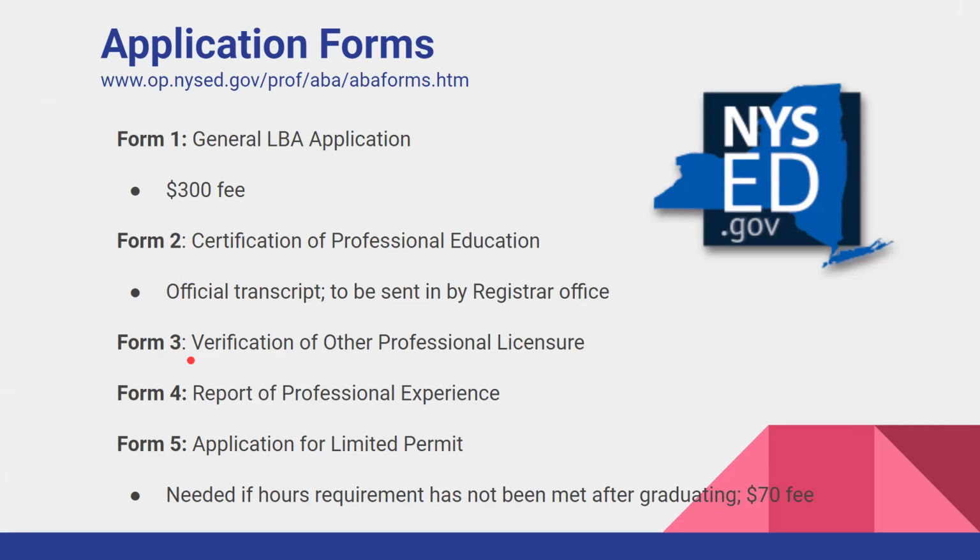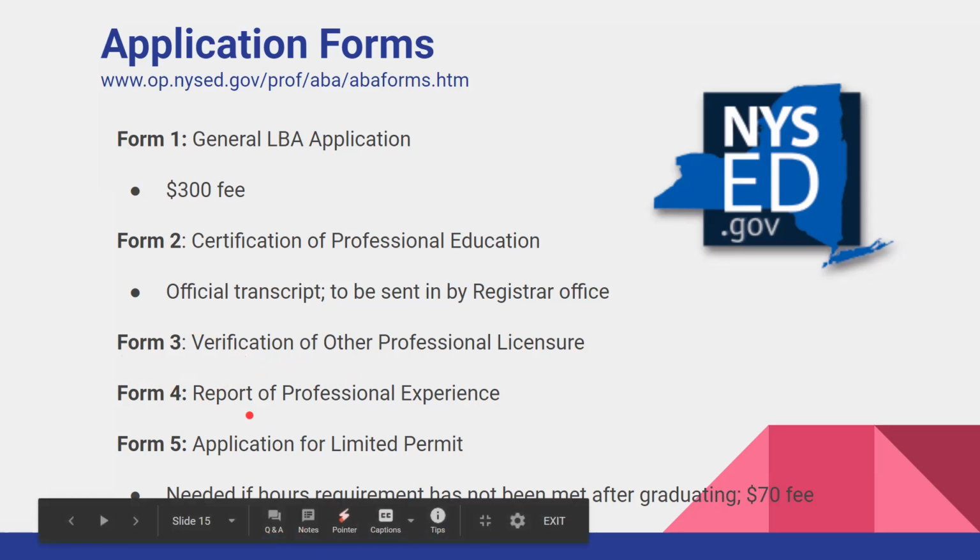On Form 3, I don't think that a lot of you will have this, but if you have another professional license, such as speech pathologist, occupational therapist, social worker, or counselor, this is when you'll attach all of your other forms of licensure to the state.